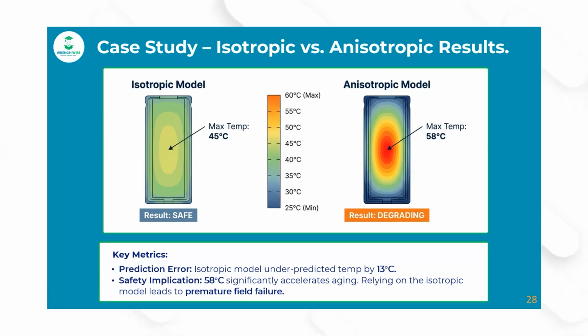But if you are interested in high fidelity and want to accurately predict how your cells may fail, you absolutely need to consider the anisotropic nature of your thermal conductivity itself. If you don't account for it, your simulation will just tell you, hey, the battery is fine, and in physical reality you will see that it fails in the field. So that's that.